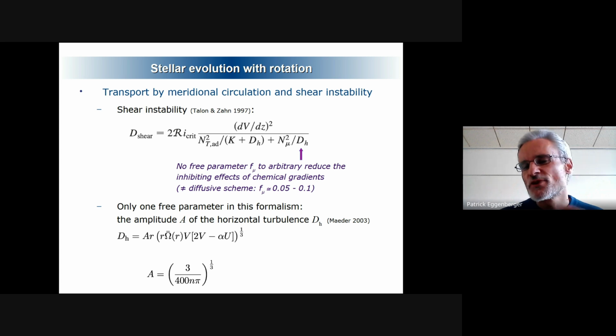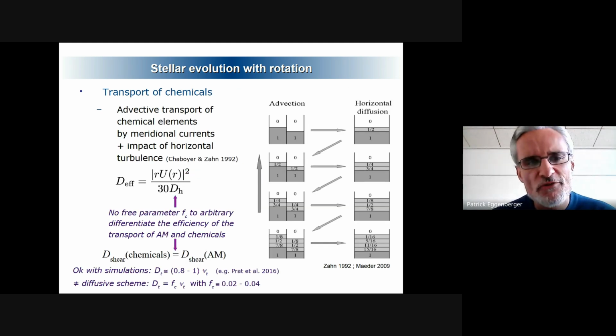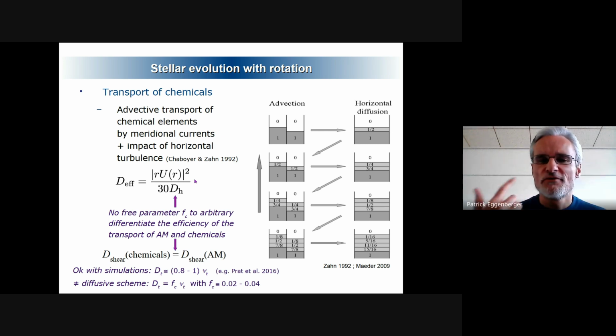So this is really a free parameter of this formalism, but then this free parameter will reflect directly on the transport by the shear instability, the diffusive transport, but also on another very important aspect for the transport of chemicals, which is the transport by the meridional currents that we have seen before.